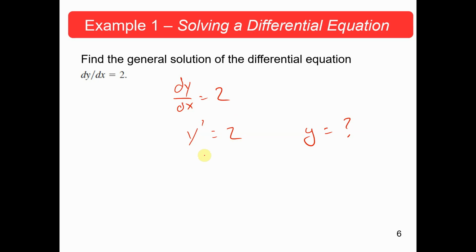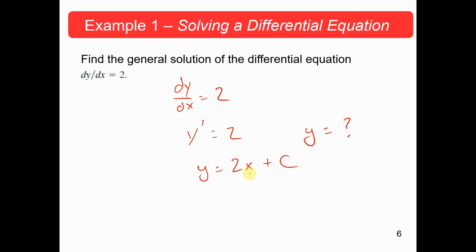Well, I know that if I take the derivative of x with some 5x, 6x, 10x, negative 14x, all I get is the number in front of x. So I know that y has to be 2x. But I also know that it can have any constant added to it.